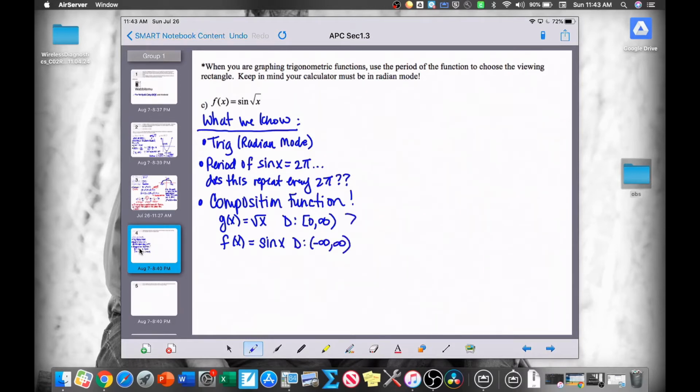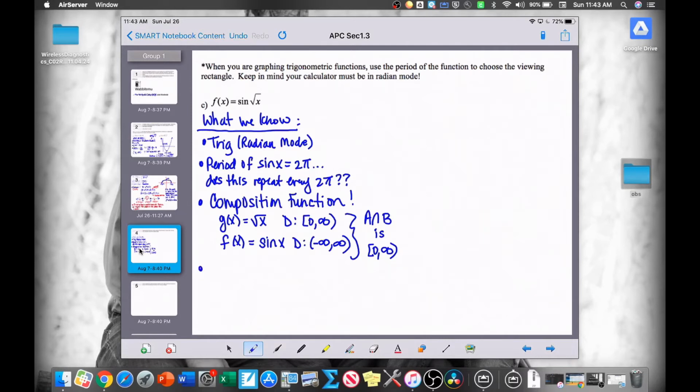So if we did the intersection of these two domains, which would be A intersect B, then obviously that's going to be 0 to infinity. So that is what we are expecting our domain to be. Now, we don't know if it's going to repeat at all in there, but we would expect this graph to live everywhere from 0 to positive infinity on the x-axis.